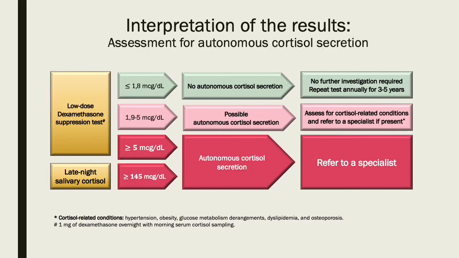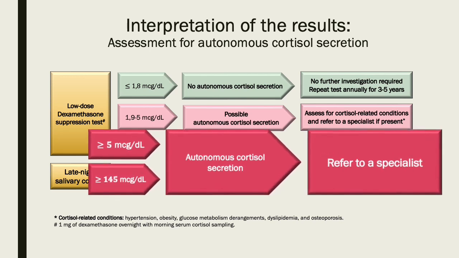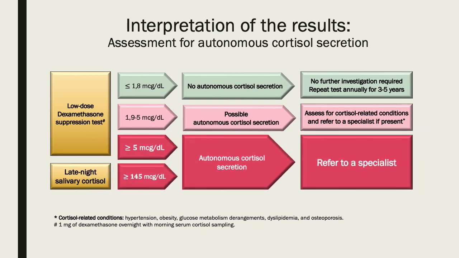An interpretation of the hormone test results can be challenging. The clinical guideline of the European Society of Endocrinologists advises on the following. Apparent cortisol excess is confirmed when a morning cortisol level is more than 5 micrograms per deciliter after 1 mg overnight dexamethasone dose, or more than 145 micrograms per deciliter in a late-night salivary cortisol assay.